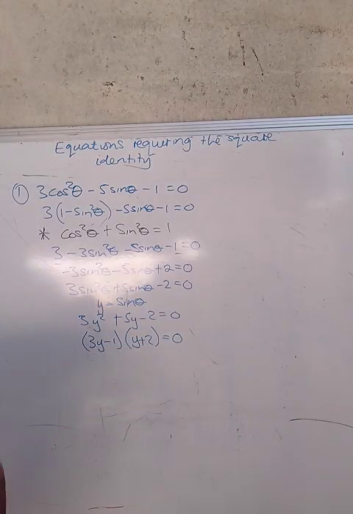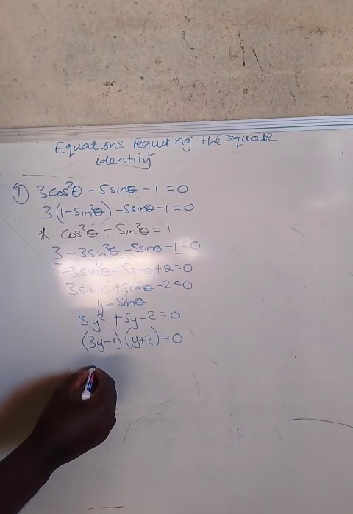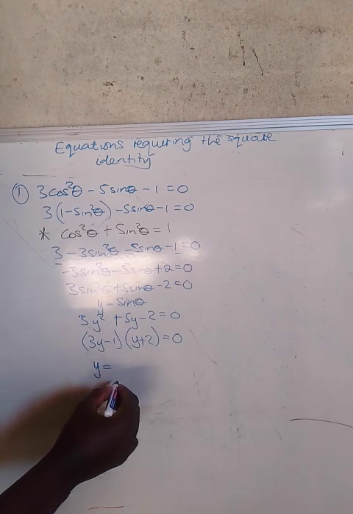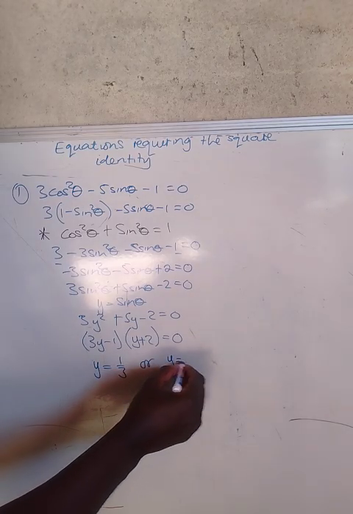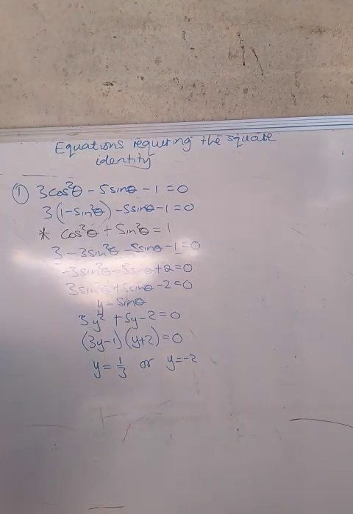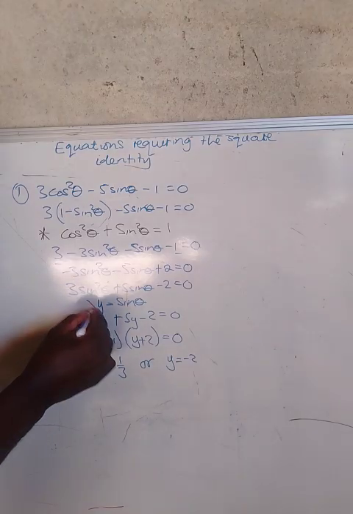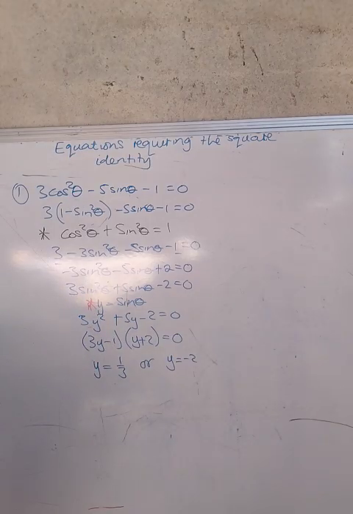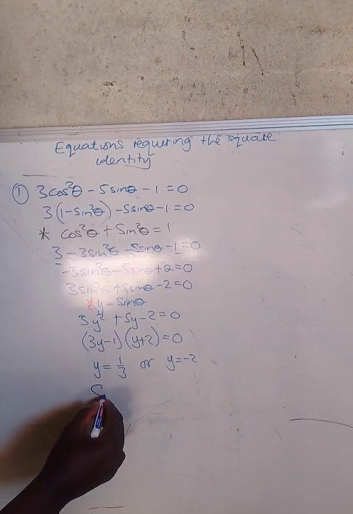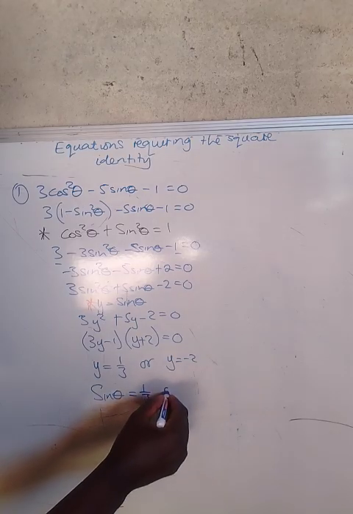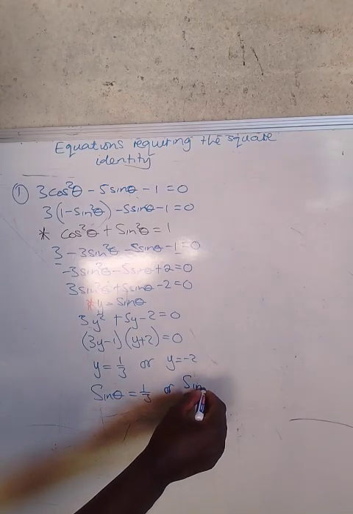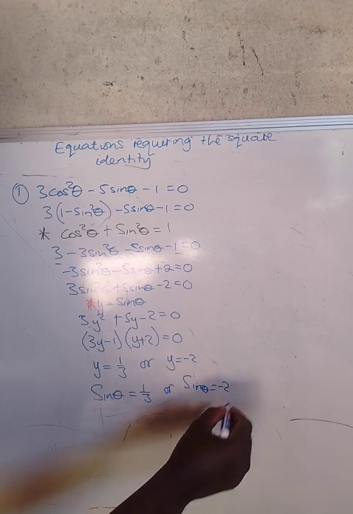Now each bracket you equate to 0 to find the value of y. We are going to have y is equal to 1/3 or y is equal to minus 2. Since y is equal to sine theta, we now replace y with sine theta such that we get sine theta is equal to 1/3 or sine theta equal to minus 2.